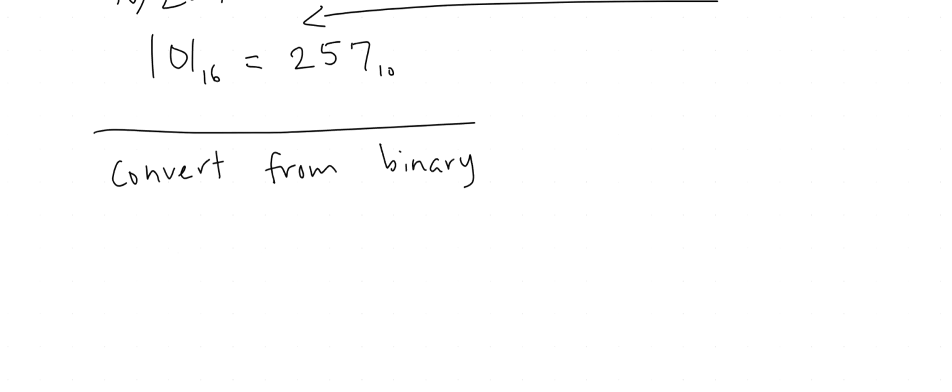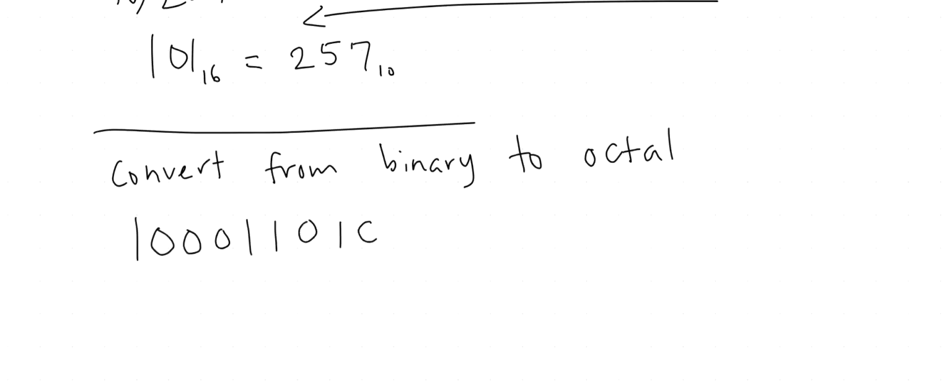So first, how do you convert from base 2 to base 8? So say you have a base 2 number 100011010. And this will be pretty tricky if you want to convert it to base 10, then convert it to base 8, right? So how do you convert it directly from base 2 to base 8?